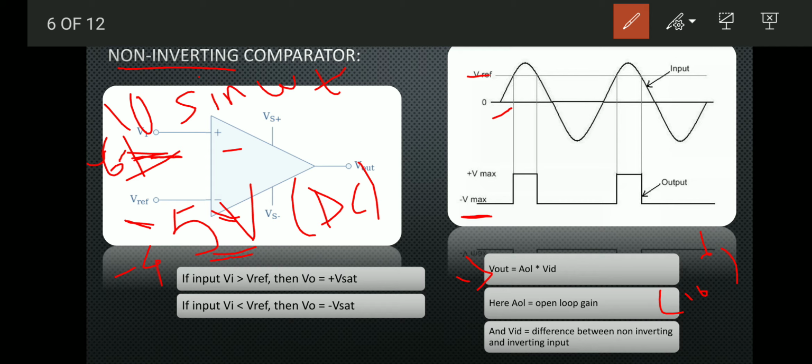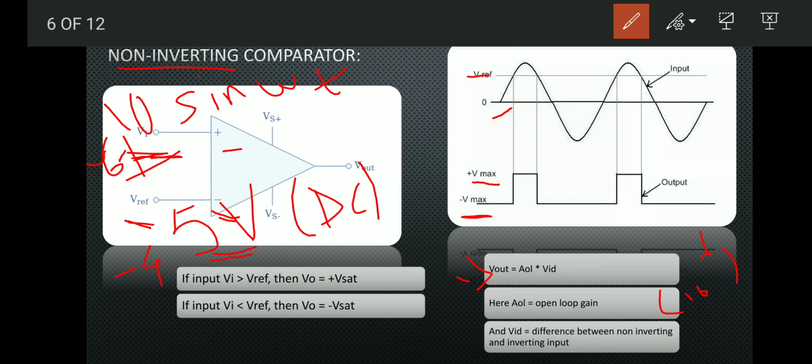Now if you take the difference of these two voltages, it would be 1 volt, and the AOL is fixed, that is 10 to the power of 6. If we multiply these two, we would get 10 to the power of 6, that is the plus V sat. In such a case, as you can see, the output would be plus V sat. It is indicated as plus V max in this condition.